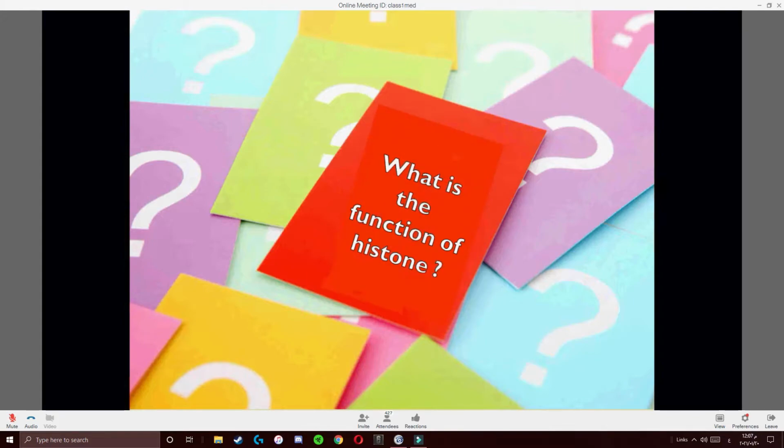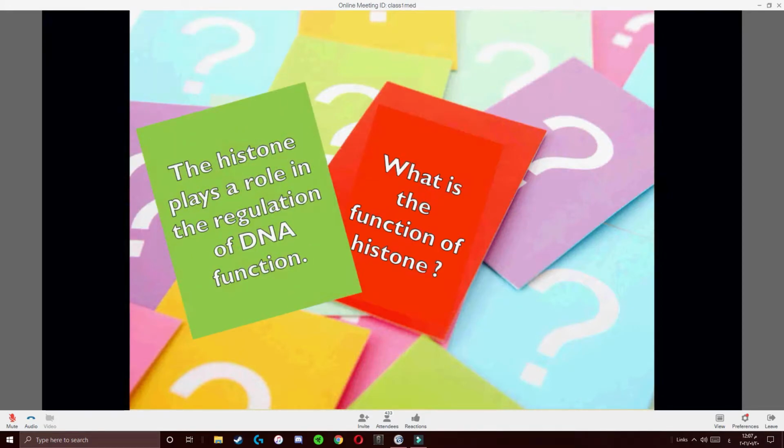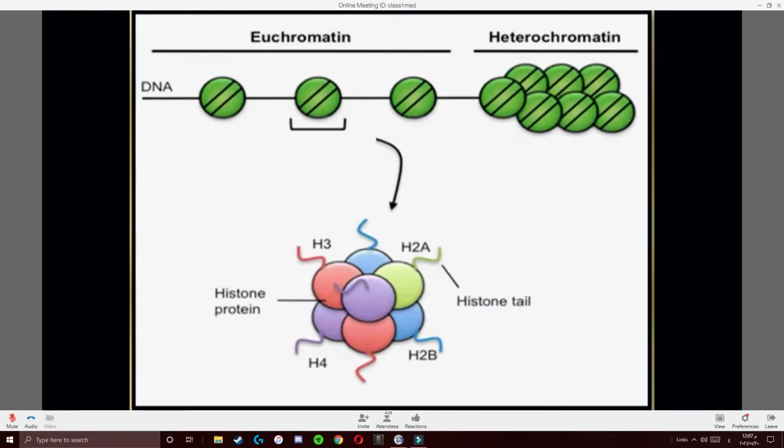What is the function of histone? The histone plays a role in regulation of DNA function. What is the structure of chromatin?